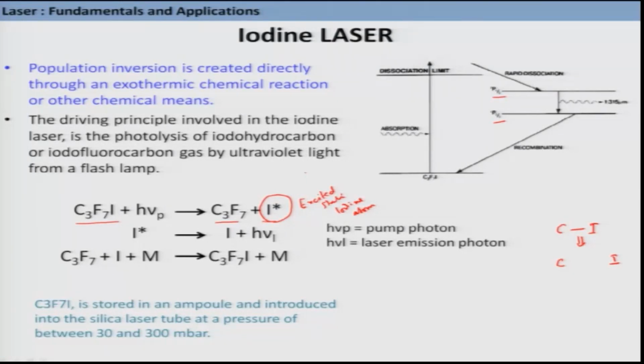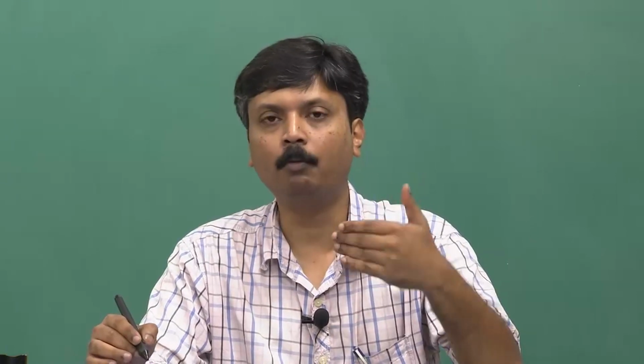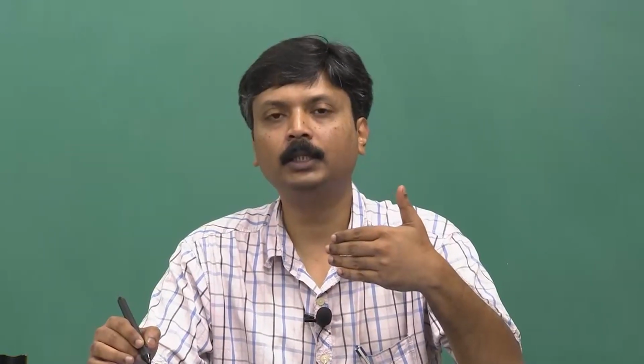You cannot control how much P1/2 or P3/2 will be produced, but different molecules will produce iodine atoms due to C-I bond dissociation with different quantum yields.